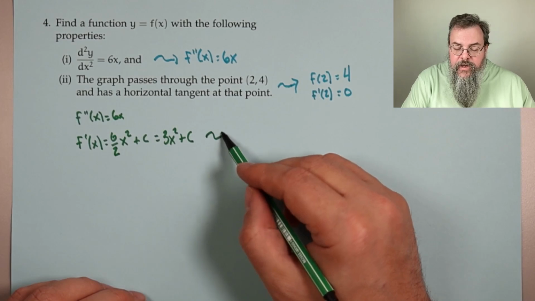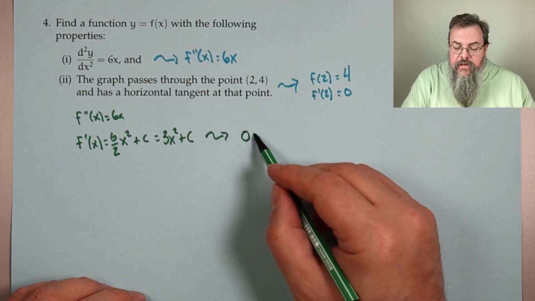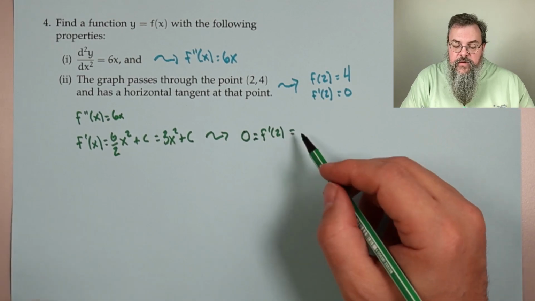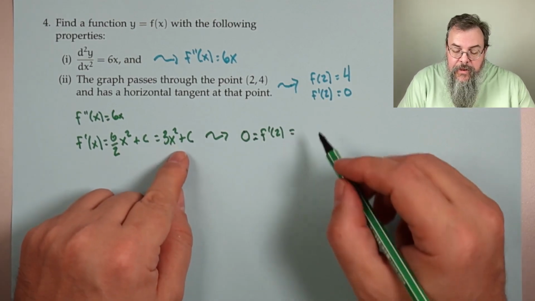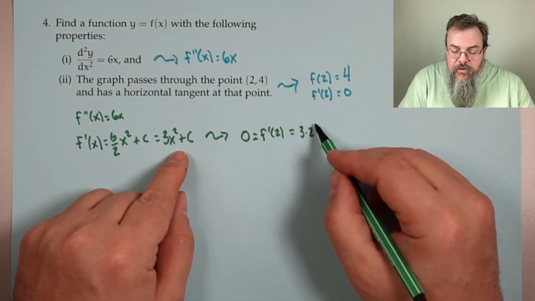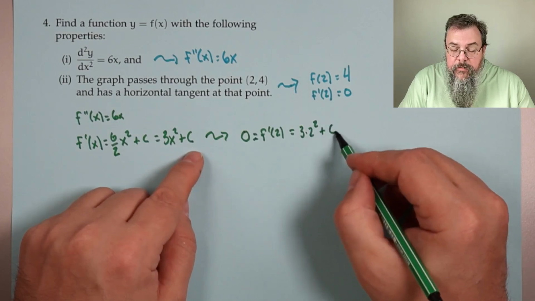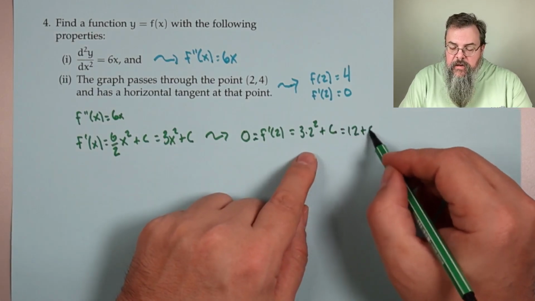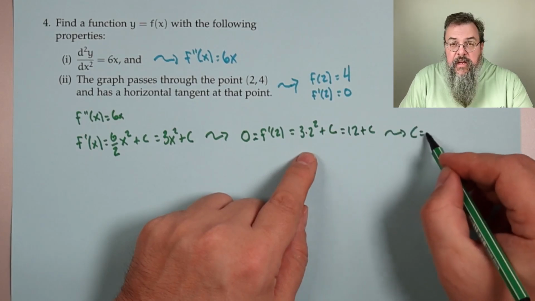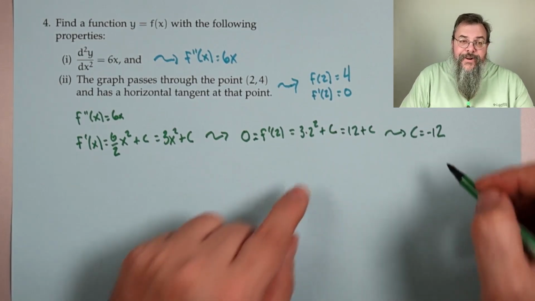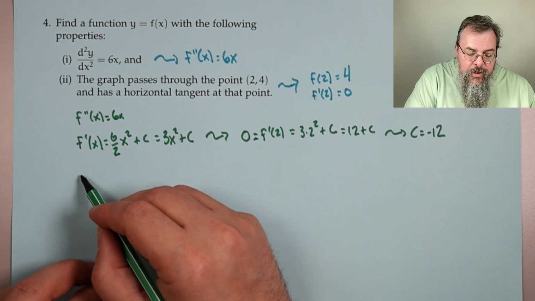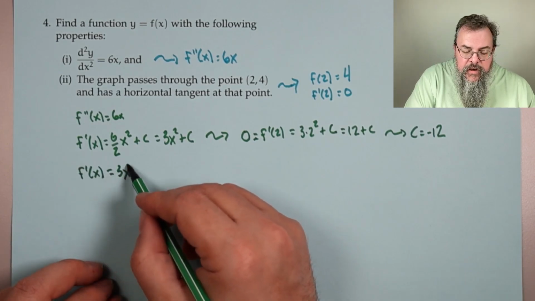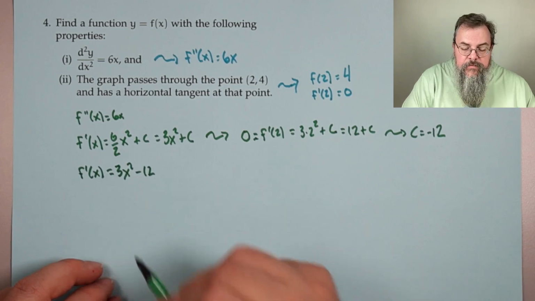So we can say 0 is equal to the derivative at 2. Well, that's equal to, plug in 2, we'll get 3 times 2 squared plus c. Well, that's 12 plus c, so that tells us that c is negative 12. Okay, so we really have that f prime of x is 3x squared minus 12.